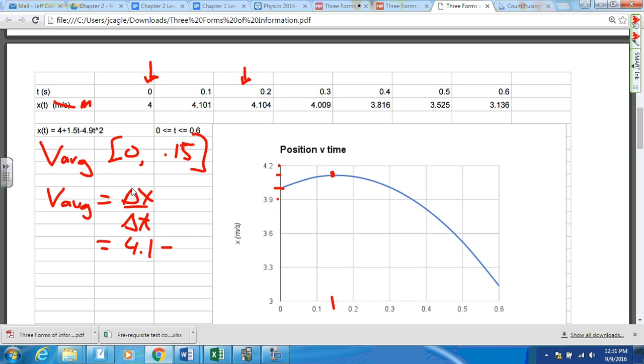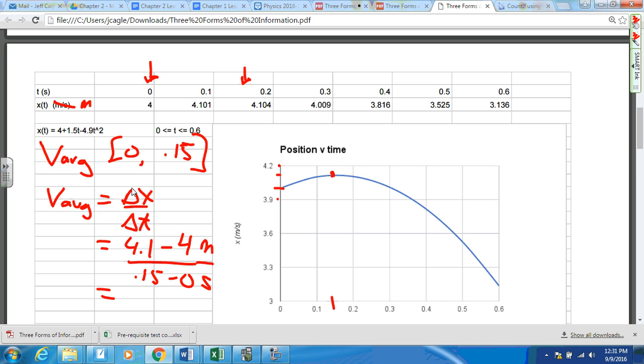Minus initial is 4 all over 0.15 minus 0 meters per second. You guys that did the equation, you probably didn't get exactly 4.1. You got something close to that, which was what? 4.115. So when you get an answer, your answer is going to be a little different from mine, but watch what happens when we round. Okay.